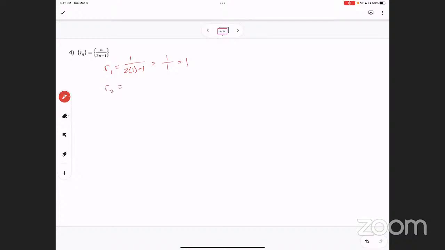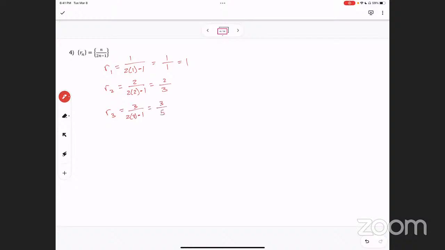The second term is going to be 2. See how I'm plugging in everywhere I see an n? I'm plugging in that number, which is 2 over 3. The next term is 3 over 2 times 3 minus 1, which is 3 over 5.